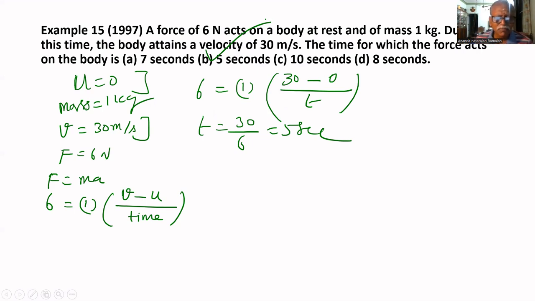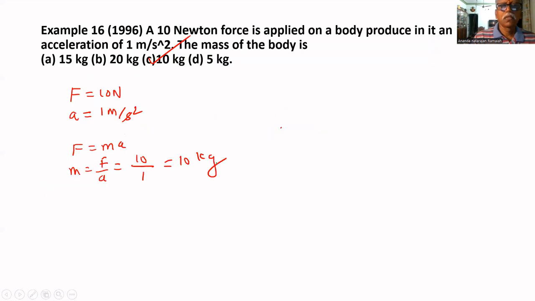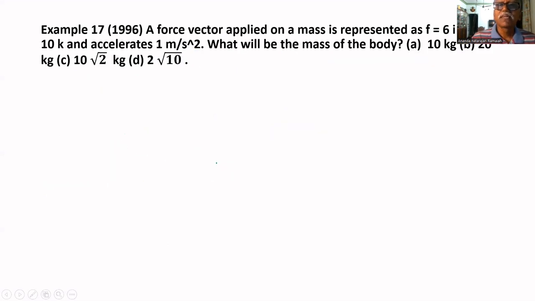Shall I move to the next sum? Yes, sir. A force vector applied on the mass is represented as F equal to 6i minus 8j plus 10k.